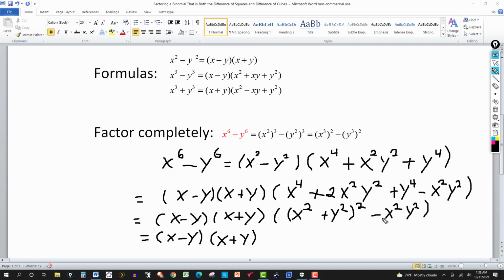Okay, difference of squares. So I can use that first formula that I had up there. So the square root of this is x squared plus y squared, and then minus the square root of this, x squared y squared, of course it's just xy.